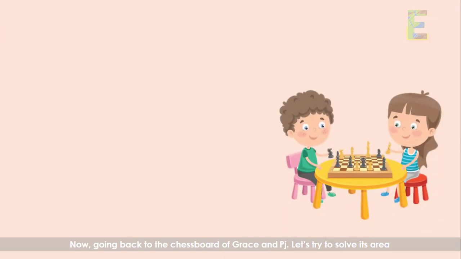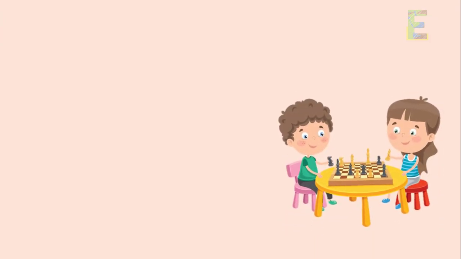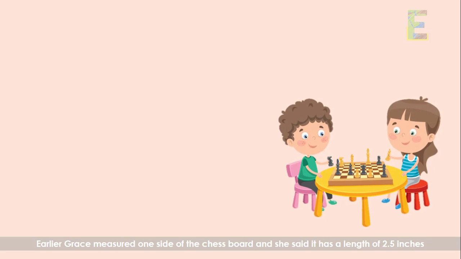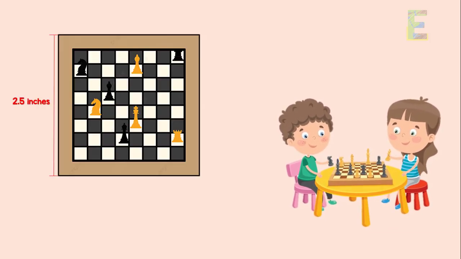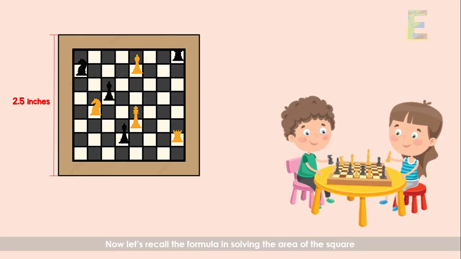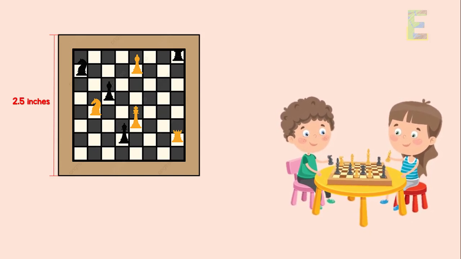Now going back to the chessboard of Grace and PJ, let's try to solve its area. Earlier, Grace measured one side of the chessboard and she said it has a length of 2.5 inches. Now let's recall the formula in solving the area of a square. Area is equal to side times side.